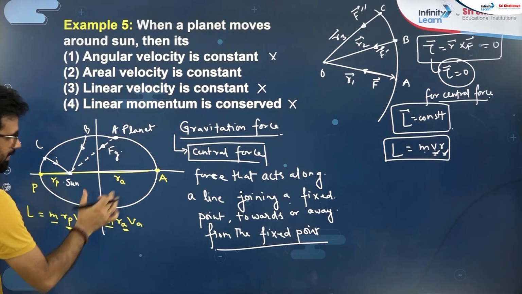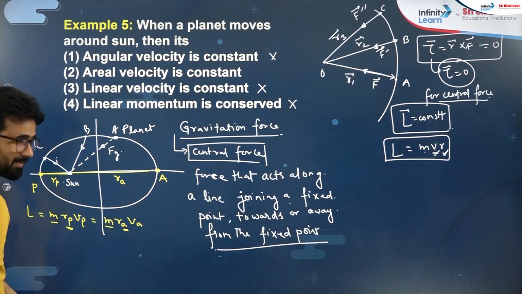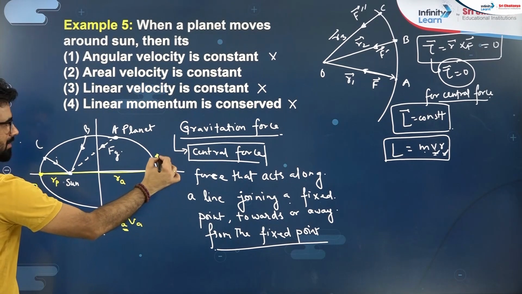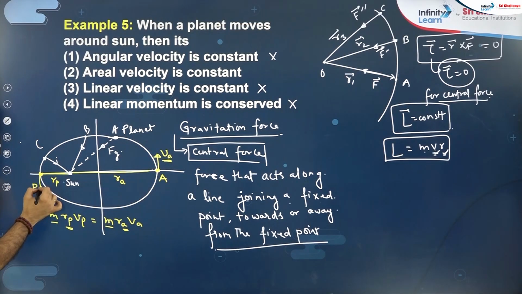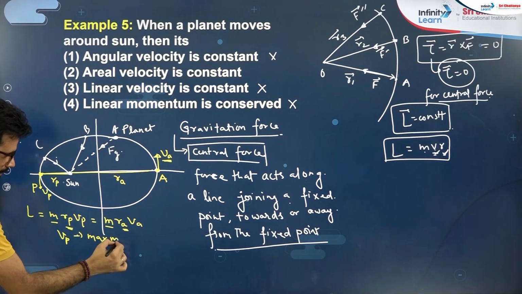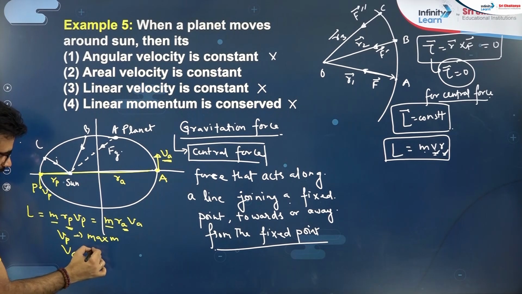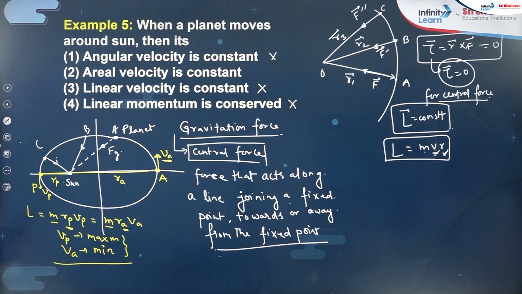Similarly, where this distance is maximum, the velocity would be minimum. That means at aphelion the velocity is the minimum value, and at perihelion it is the maximum value. So Vp is the maximum value and Va is the minimum value. That is how we will understand this topic.